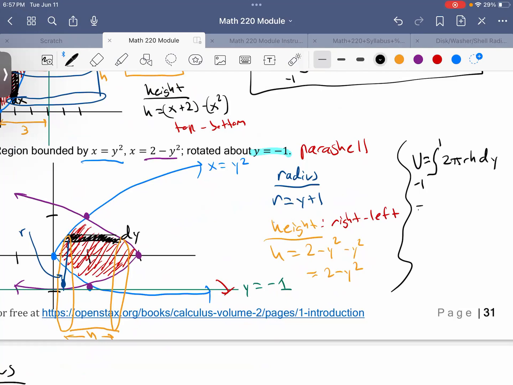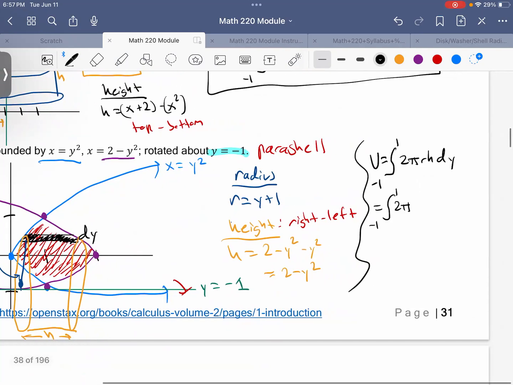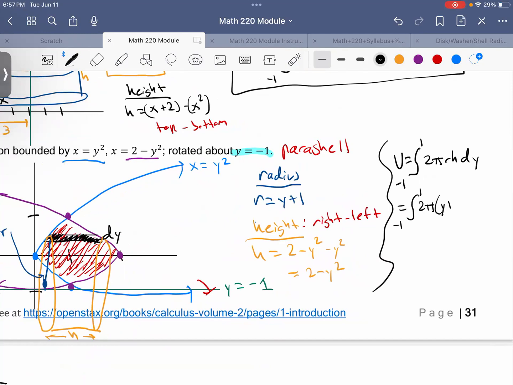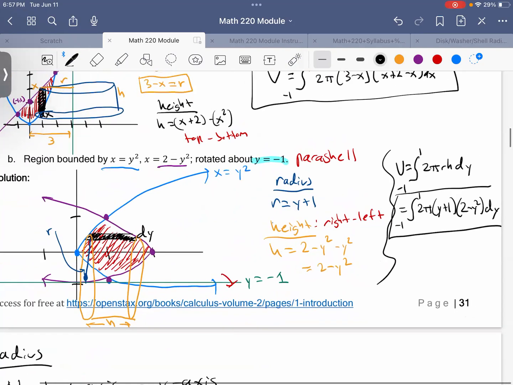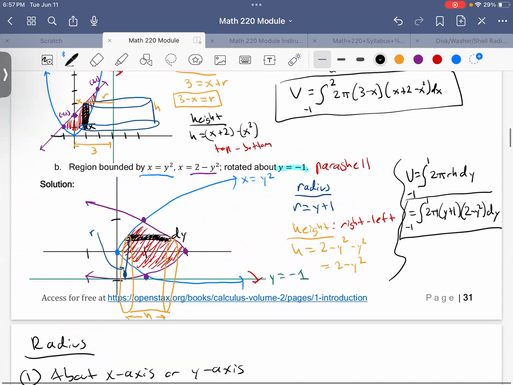So that is the integral from -1 to 1 of 2 pi, I feel like I'm going to run out of room, (y plus 1) times (2 minus y squared) dy. And that's the answer. So that's how we do that one.